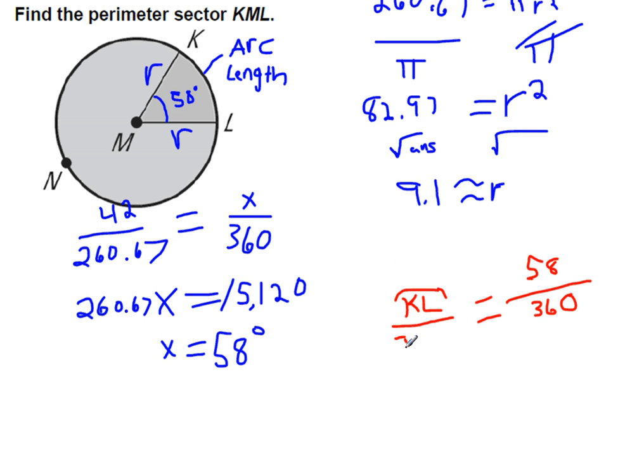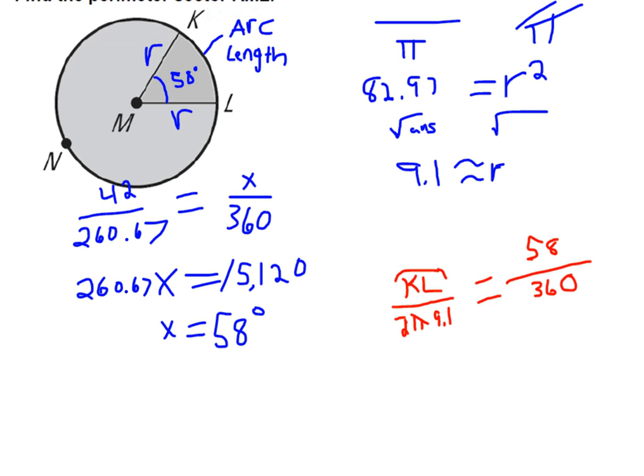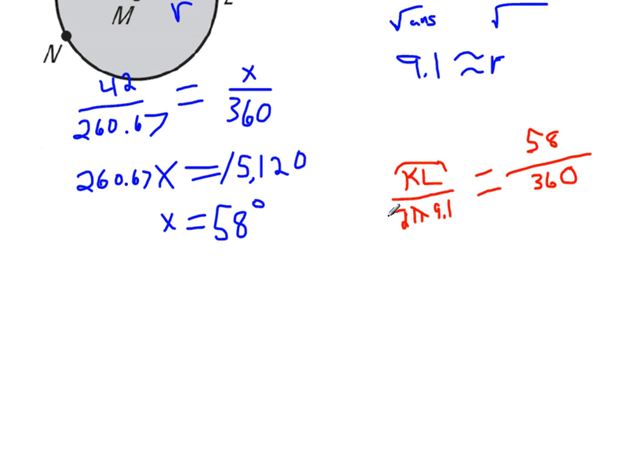So 2 pi times 9.1. All right, 2 pi times 9.1. So I'm going to have 360 times arc length KL equals, all right, I'm going to times 2 times pi times 9.1 times 58, because I'm cross multiplying.